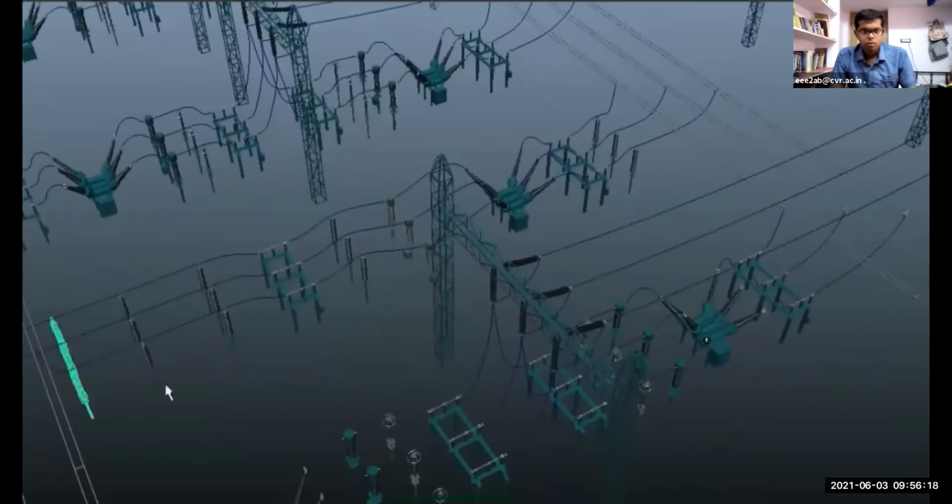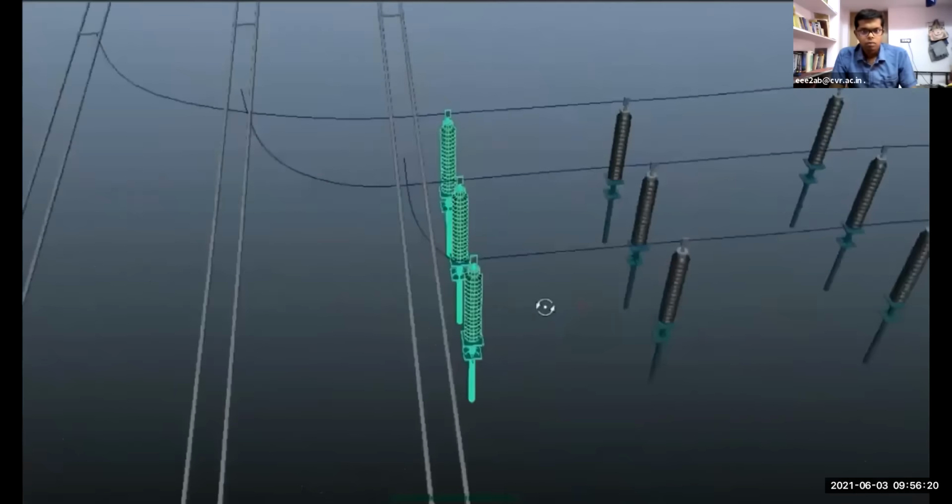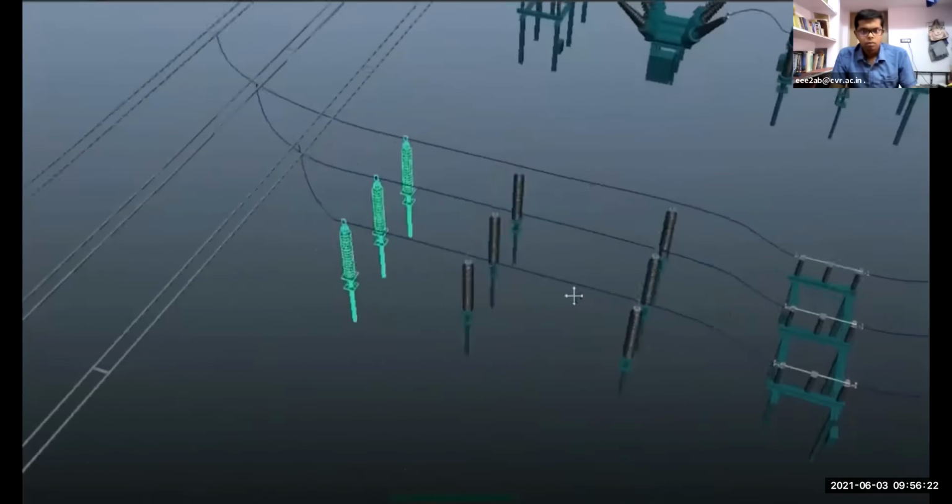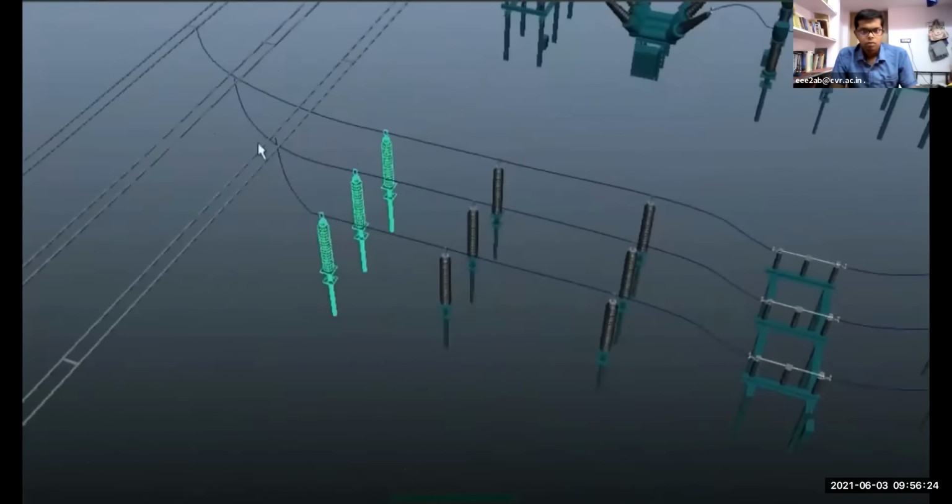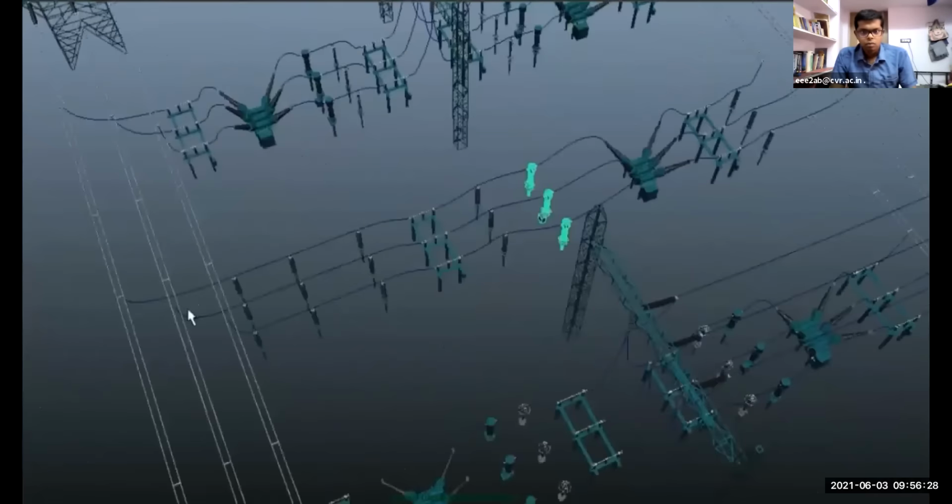These are post insulators which are used to give support to the conductor when the distance is large enough, so that the conductor could not come into contact with the ground. So post insulators are connected. Why? To get support for the lines. If these insulators are not there, the tension will not be there.